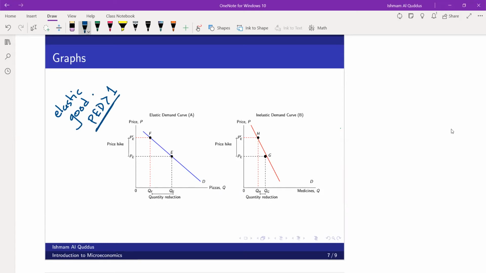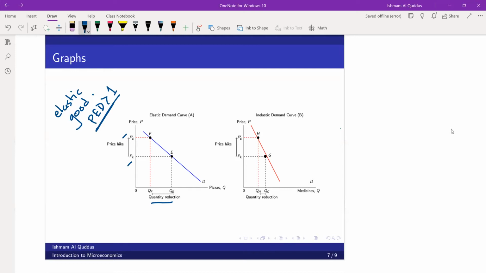So what this means is that if the price, let's say it increases from P to P prime E, there is a substantial quantity reduction due to this price change. So the QE declines to QF.